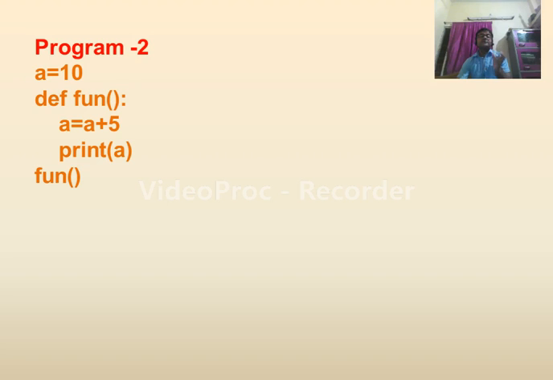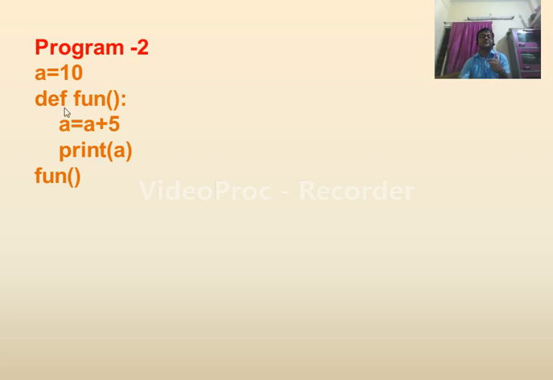But in program 2, once again I declare variable a with the value 10, and I try to use this variable inside the function, that is, inside the block, with code like a = a + 10. I try to add 10 to the value of a and store it in the same variable. This is not possible. Why?